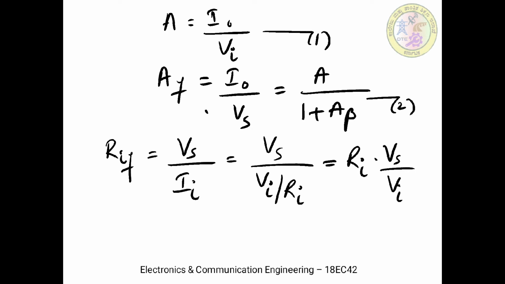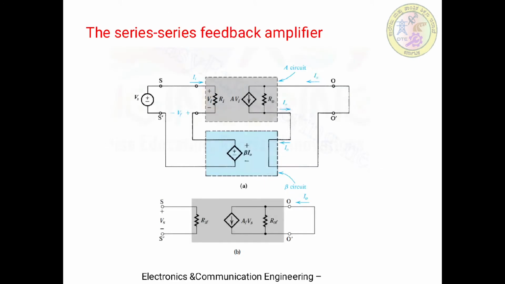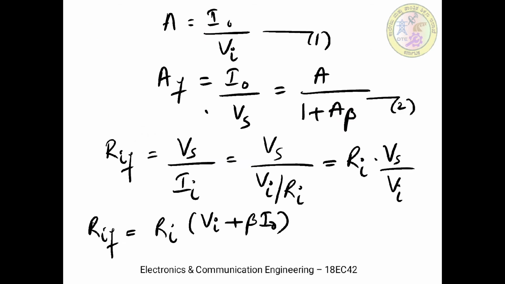Now here we will substitute the equivalent value for Vs. So continuing this, RIF is equal to Ri into, in place of Vs we will write Vi plus beta into I naught, because Vs is nothing but the sum of Vi and beta into I naught, which is nothing but the feedback part. So this divided by Vi.